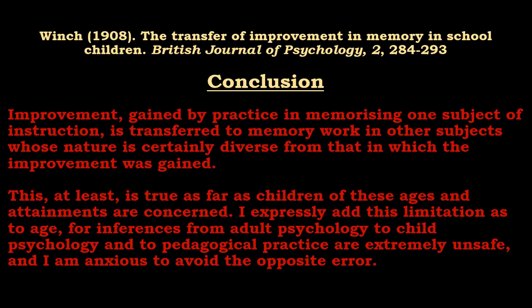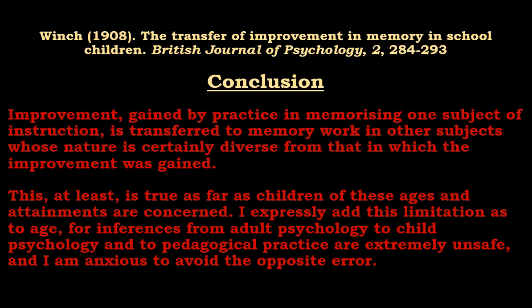So he's saying something very important in psychological research. The results apply to children. We cannot generalize these to adults. And he's saying something that is important to contextualize things. Apparently in those days there was this idea of using adult psychology to try to explain child behavior or child mental processes.